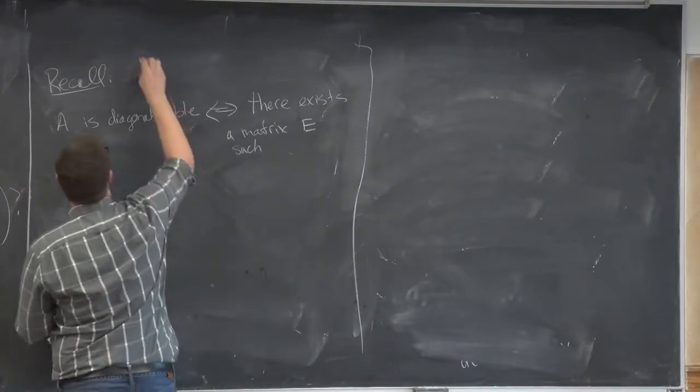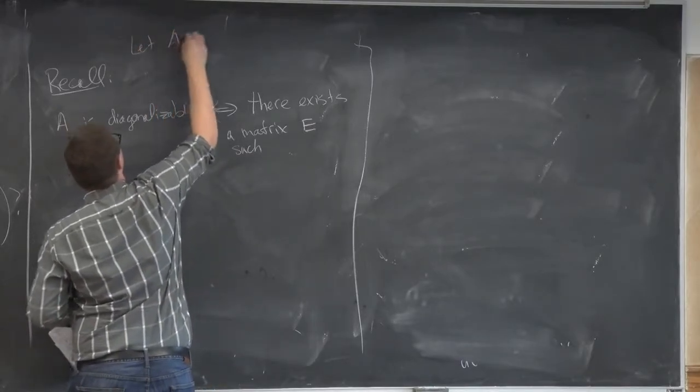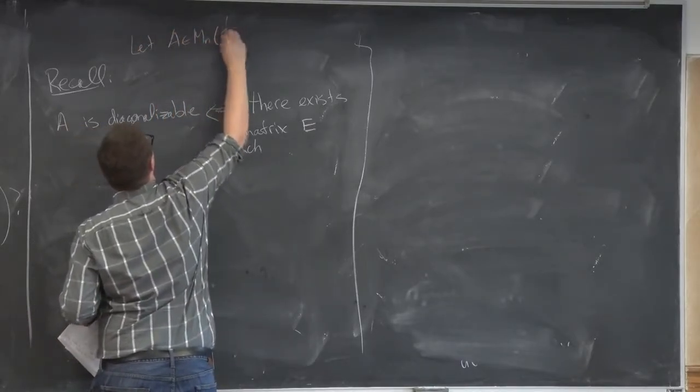So A is n by n. Let A be an n by n matrix.